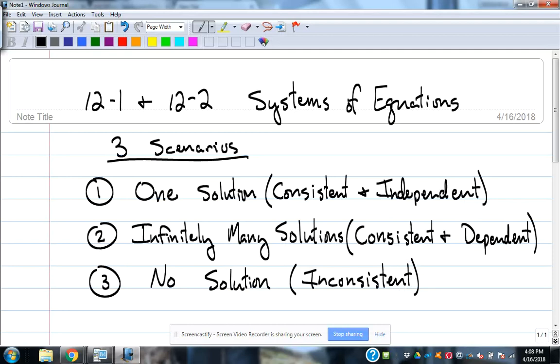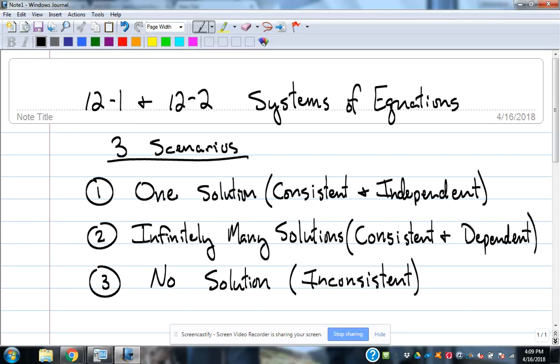So you'll see those words sometimes thrown in there. You'll hear me say one solution, infinitely many solutions, or no solutions is what I normally say, just because that's just where I'm stuck at with my vocabulary. But those are the math speak for that. It's consistent and independent for one solution, consistent and dependent for infinitely many, and inconsistent if there are no solutions.